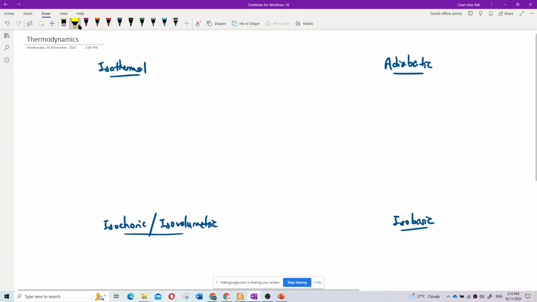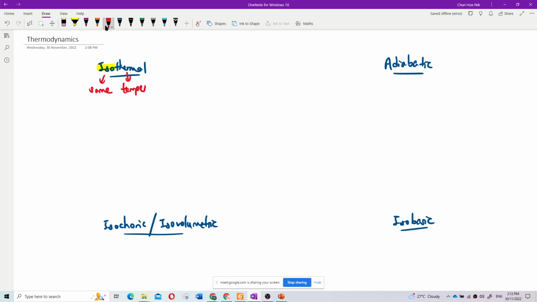Isothermal. Do you know what is meant by isothermal? The word iso, it means what? Iso means same, or constant, or only one. Understand? Thermal means temperature, isn't it?